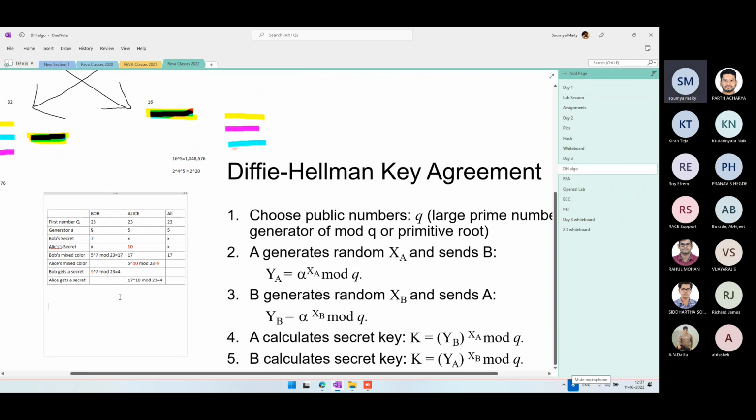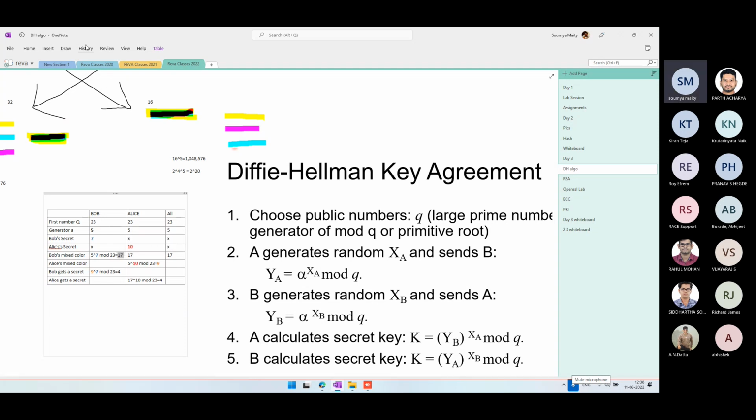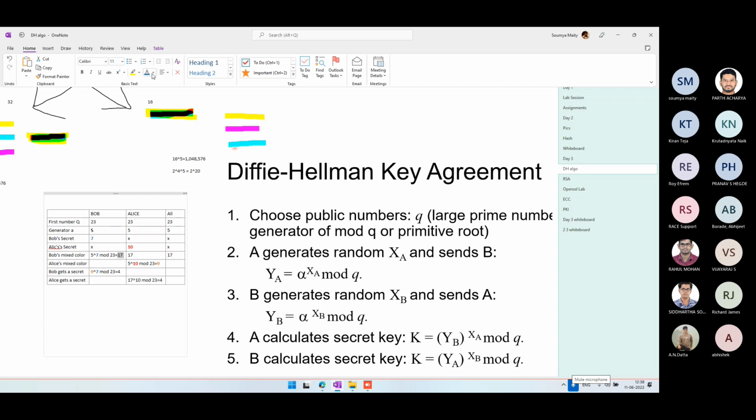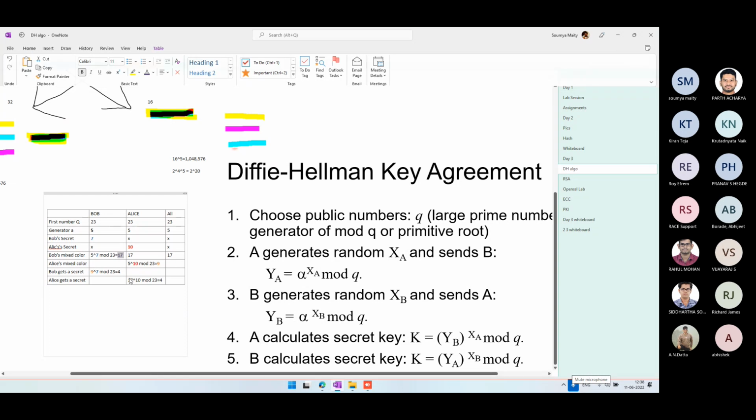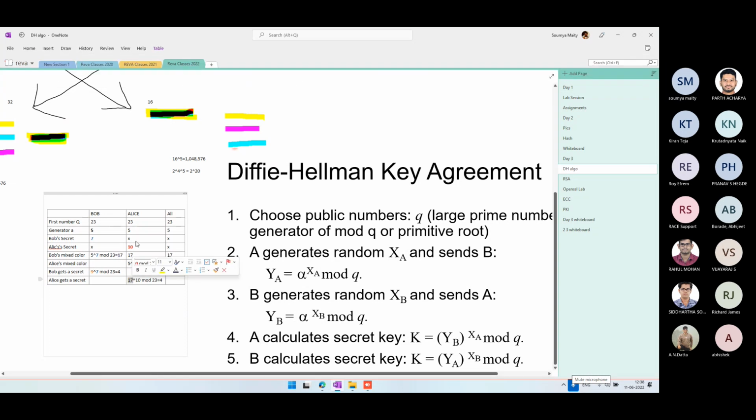Now is it clear? With the color, this is the 7, this is the 9 it got. And 17 is this color, which I'm just taking as another.